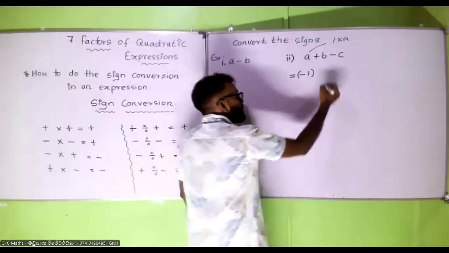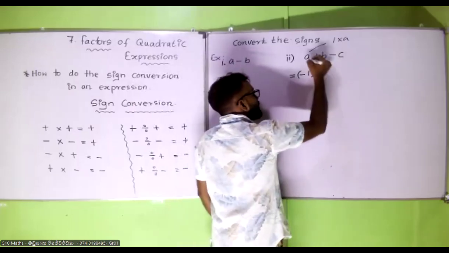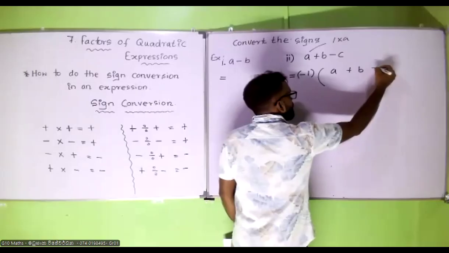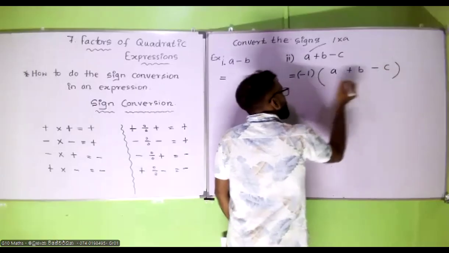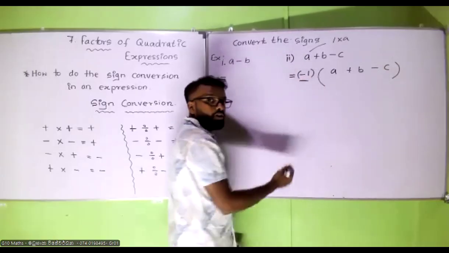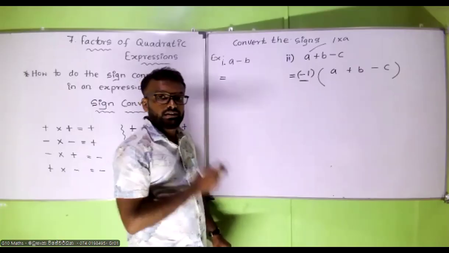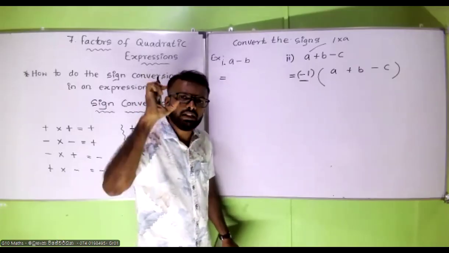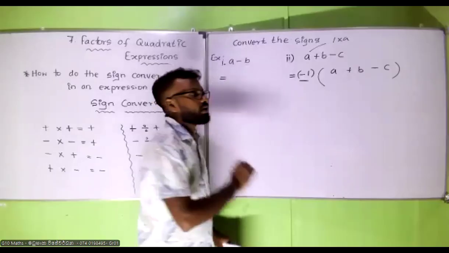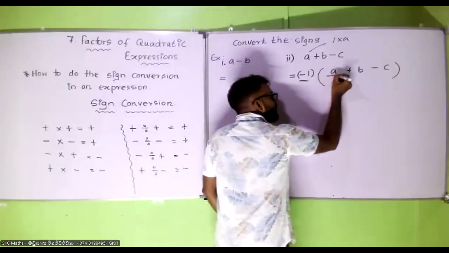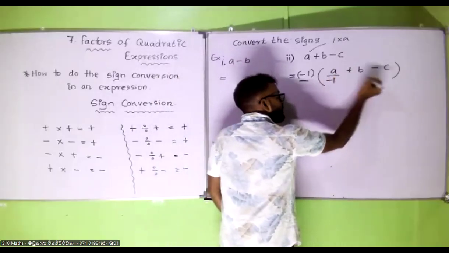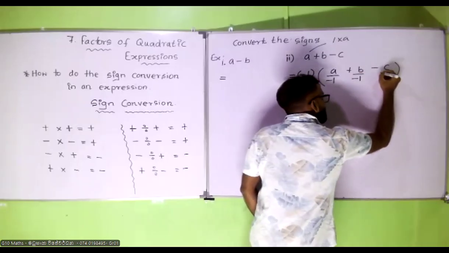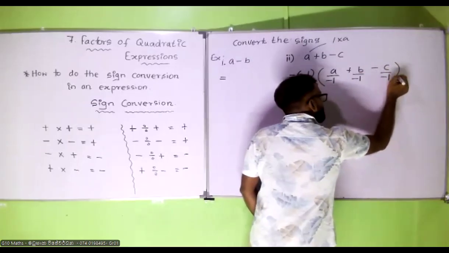So here you have A plus B minus C. If you are taking negative 1 out from the bracket, that means you are going to divide each and every term in the expression by negative 1. This divided by negative 1, this divided by negative 1, this divided by negative 1.